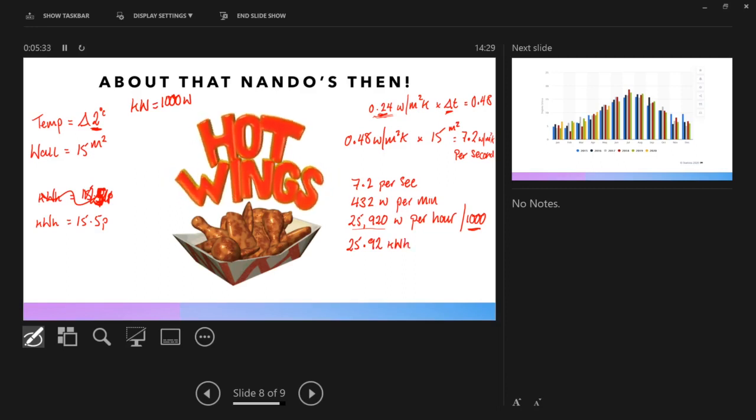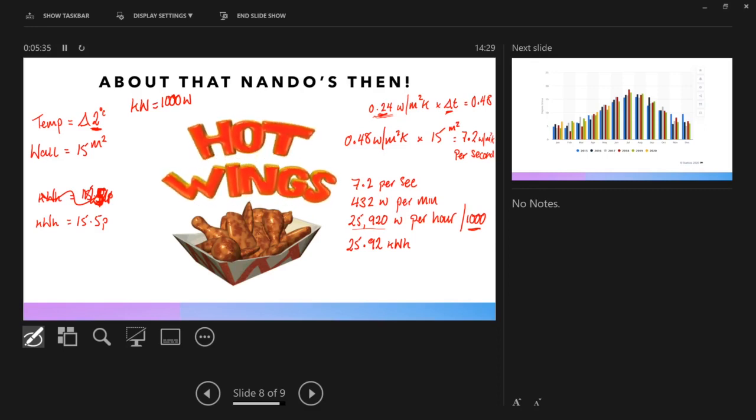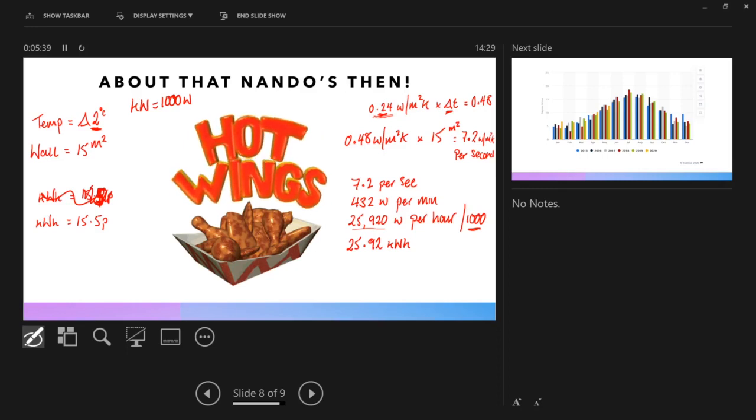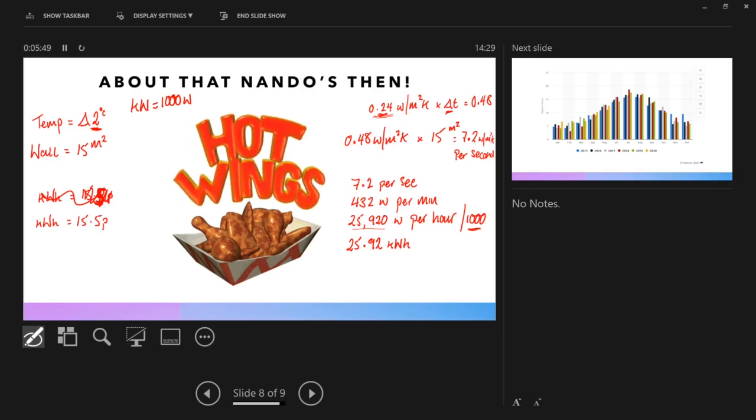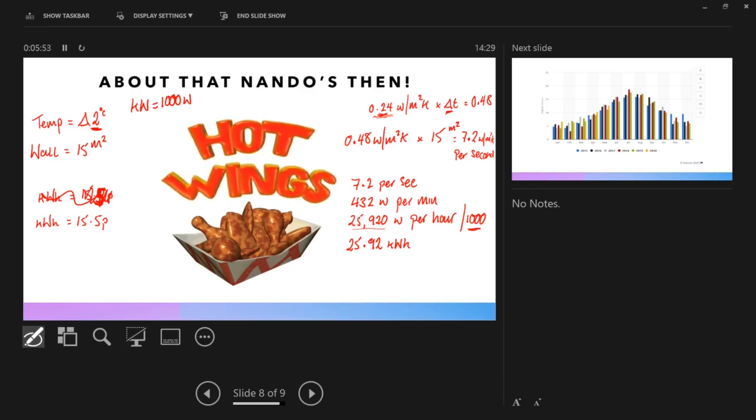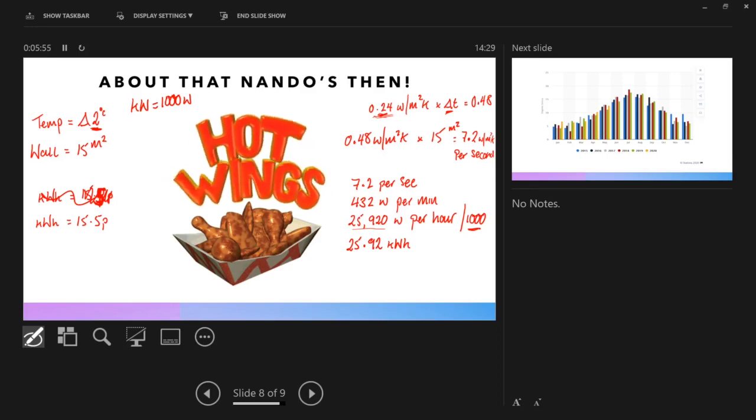A kilowatt hour is 1,000 watts. If you left the kettle on, and the kettle needed 1,000 watts to run, and you left it boiling for 1 hour, that would be the equivalent of 1 kilowatt hour. So you're using 1,000 watts in 1 hour.